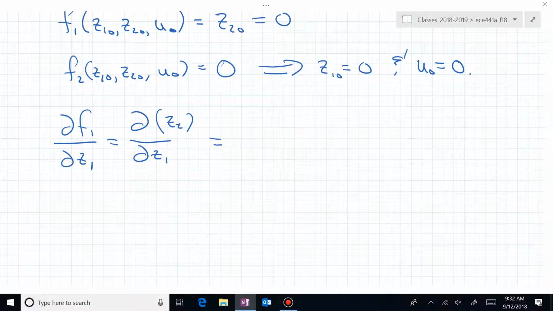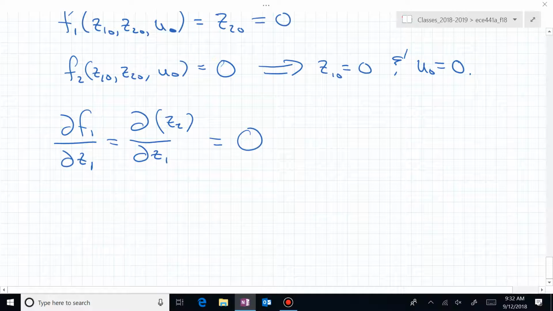What's Z sub 2 look like relative to Z1? It looks like a constant, does it not? So this is now 0. So the partial of F sub 1 with respect to Z1 is the partial of Z2 with respect to Z1. Is it a function of Z1 in any way that we can differentiate with respect to Z1? No, it's 0.